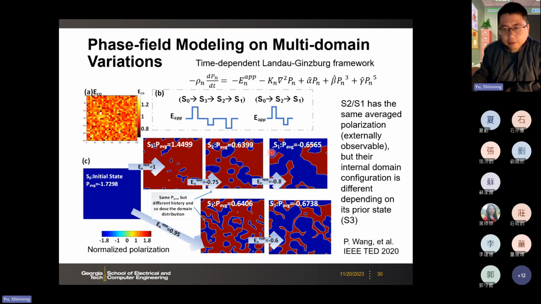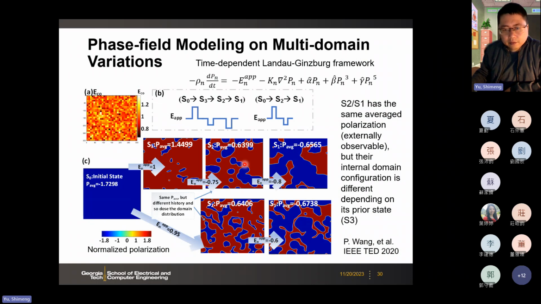So here you see from S2 to S1, the net polarization, or the average value of the polarization, is very similar for these two S2 states. But the voltage you apply, or let's say the normalized electric field you apply, will be different. In this case, you need a negative 0.8, normalized. This is 0.6.